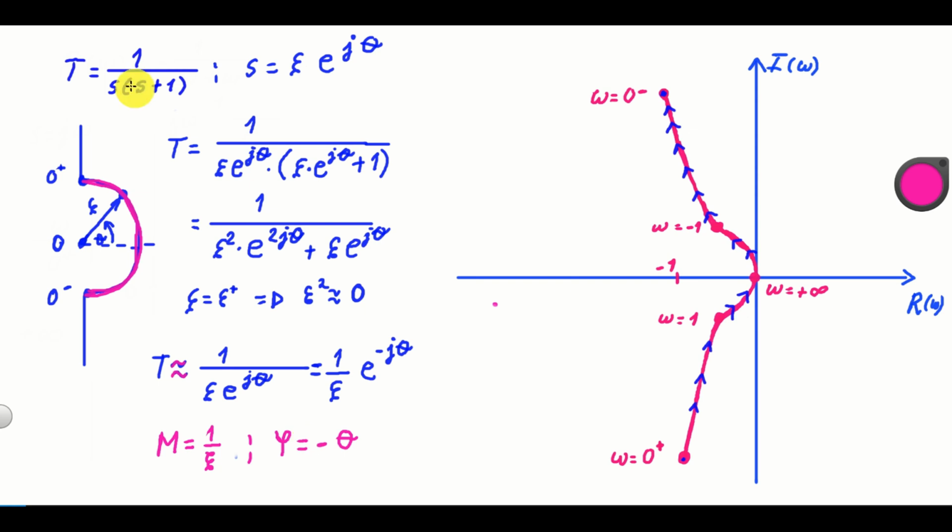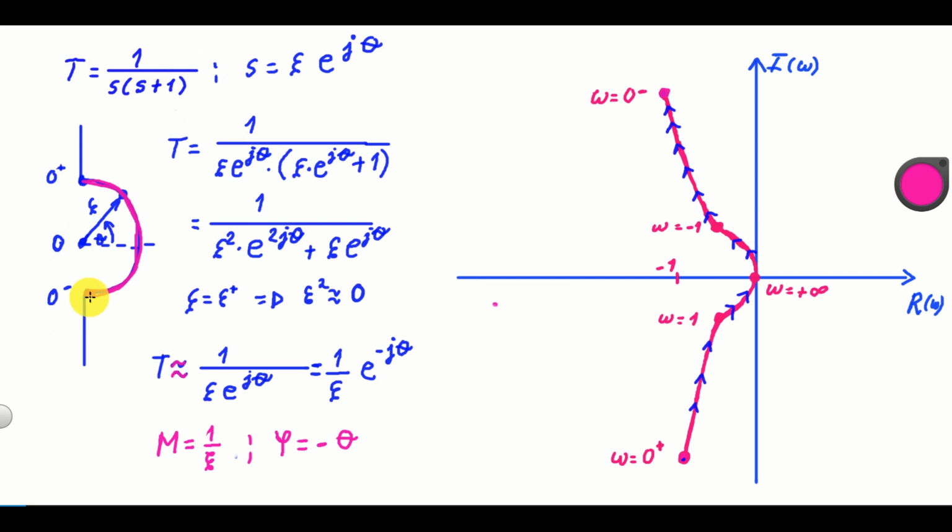Next, let's verify the consistency and accuracy of this calculation. Namely, these expressions should be in agreement with the shape of this graph. First of all, since epsilon is very small, the magnitude is large, and that's precisely what we see over here. The magnitude is infinity here as well as here, and this is good. Let's verify that the phase is okay.